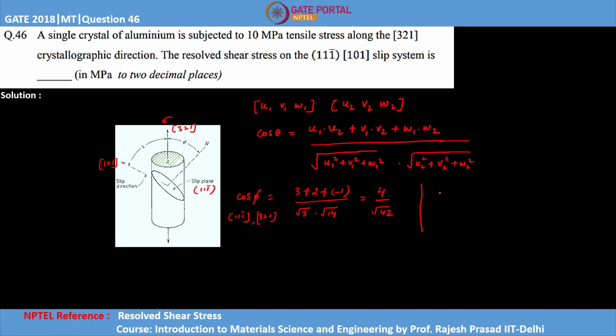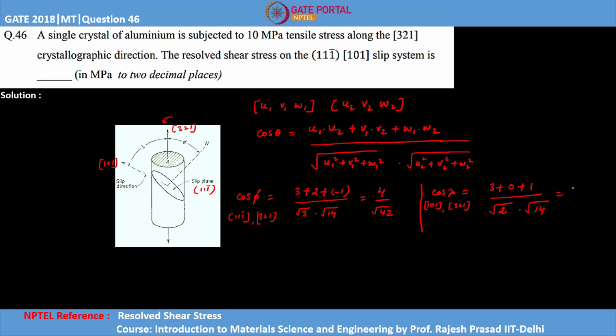Similarly, we calculate cos lambda, between the [1 0 1] direction and the applied stress [3 2 1] direction. 1 times 3 gives 3, 0 times 2 gives 0, and 1 times 1 gives 1, upon the square root of 1 square plus 0 square plus 1 square, which is root 2, times the square root of 3 square plus 2 square plus 1 square, which is root 14.